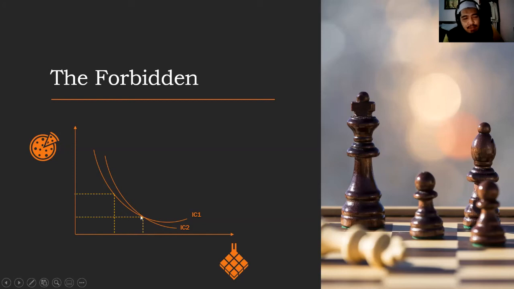Here, when we say that at the intersection, we indicate that less pizza is preferable to having more ketupat.